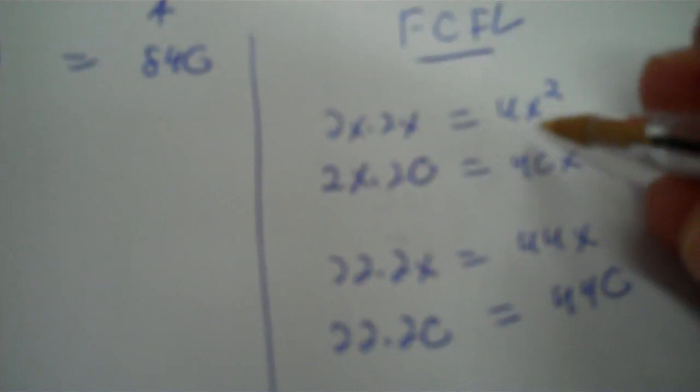Now you combine your like terms. So x second, x, constant. So you have 4 for x second, 84x, then 440. So line that up over here, but don't put equals 0, because as of now that expression is equal to 840. Okay?